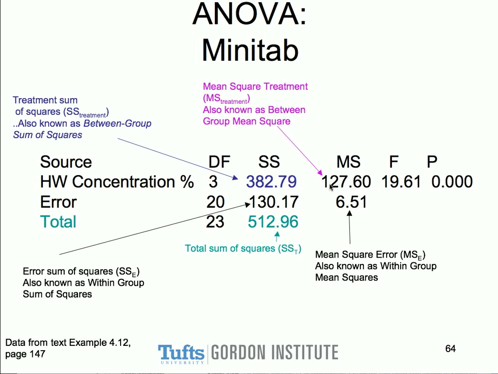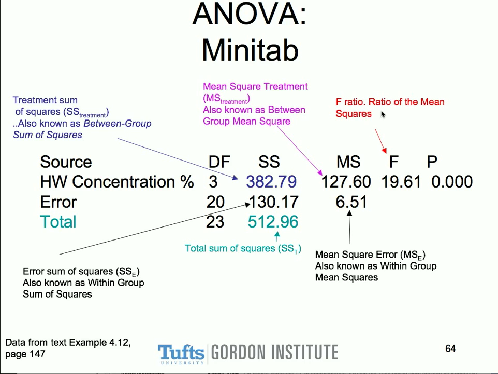This next column here has our mean square treatments. These are calculated by dividing our summation of squares by their degrees of freedom. And for degrees of freedom here, we have 4 levels, 5, 10, 15, and 20. That's where we're getting 3 right there. Our next column here is our F, and this is the statistic that we're going to use to determine whether we retain or reject the null hypothesis.